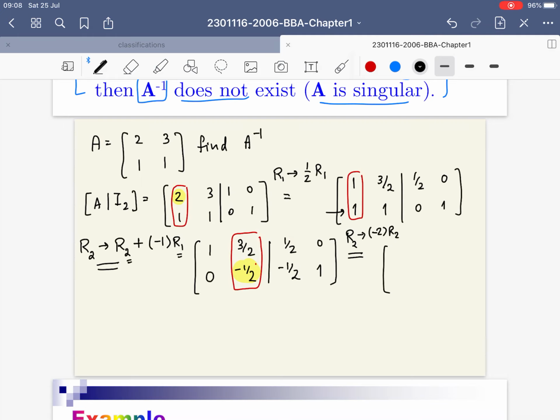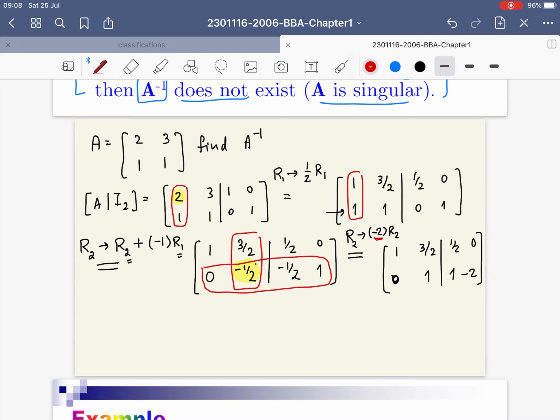Your R1 just remains the same, only your R2 changes. So here's a 1, here's a 1, here's a negative 2, all right? Don't forget the whole row that you are going to multiply by negative 2, okay?